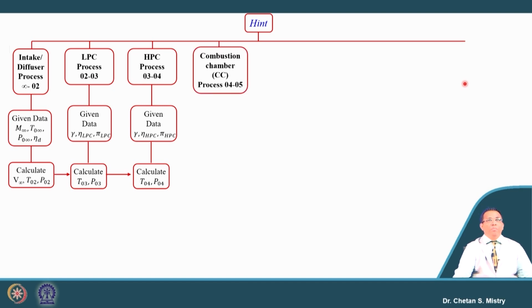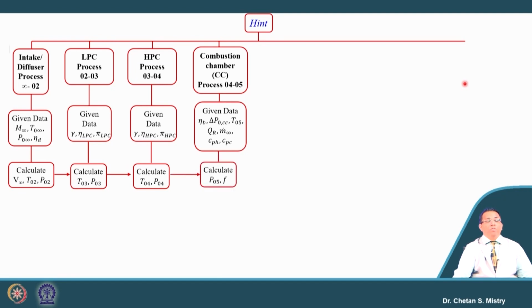Then we have the combustion chamber, for which the burner efficiency is given, the pressure drop is given, and the maximum turbine entry temperature is known. So, we can calculate the pressure and the amount of fuel required to raise the temperature to the turbine entry temperature.